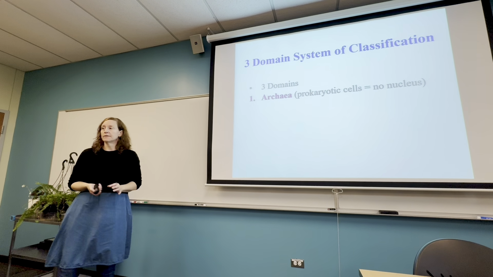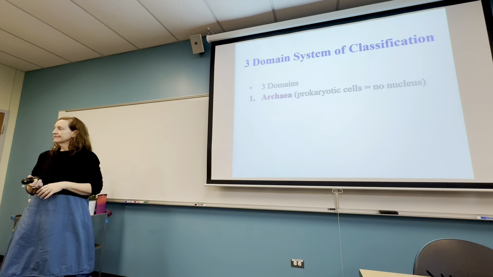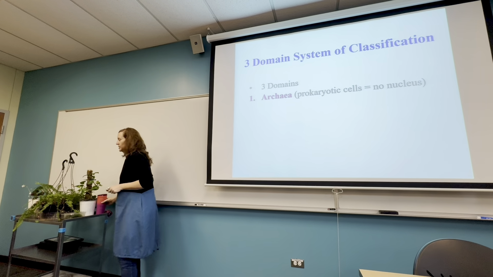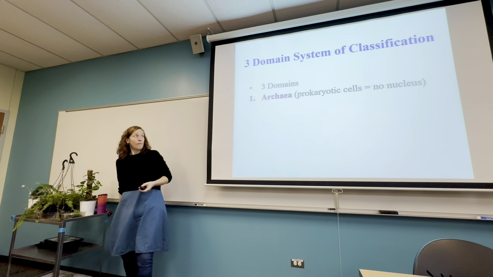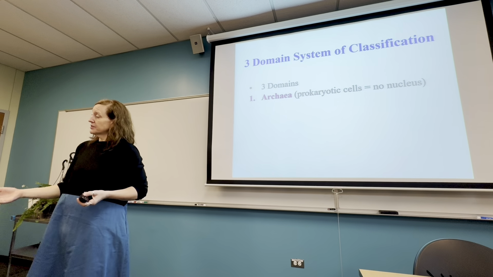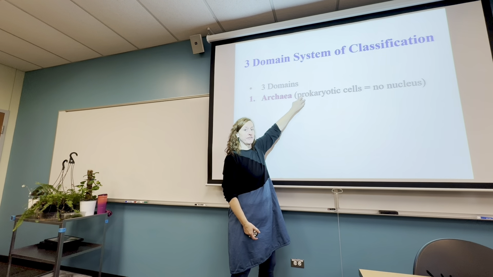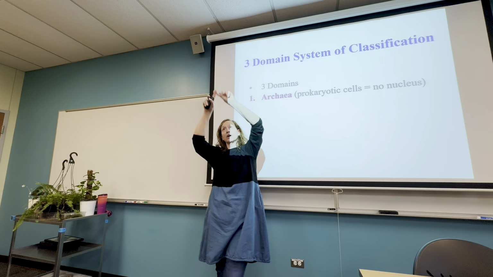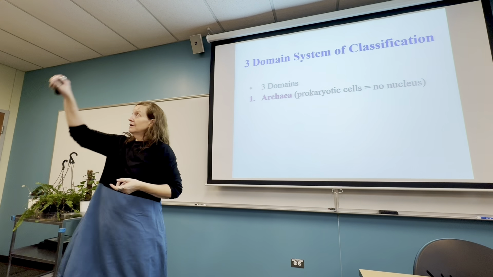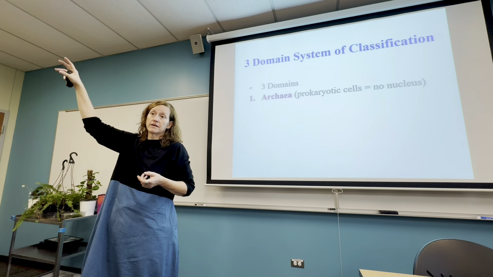So those 3 domains again, archaea. If you learned it as archaea, you can say it like that. I learned it as archaea. The archaeans, as I mentioned, are prokaryotic. Remember, pro means no or before, karyotic means nucleus. If you think back to our clock of evolution, the Earth comes about, and then soon after, the prokaryotic cells evolve.